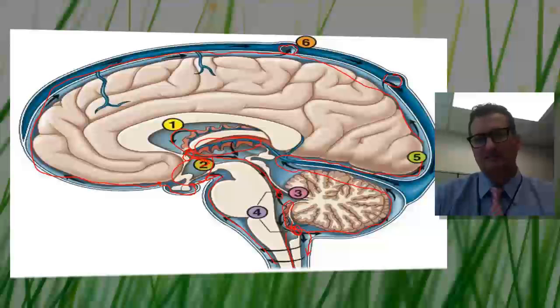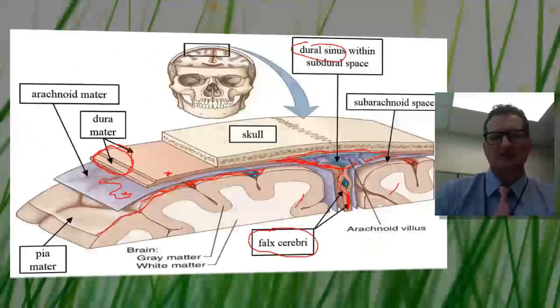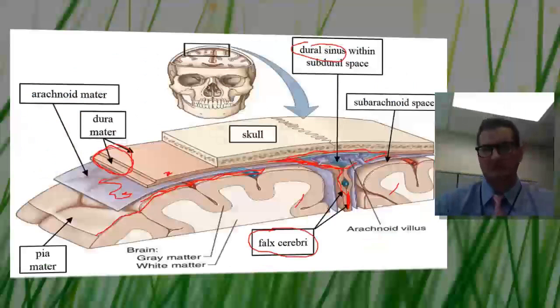And the CSF passes up, and there's special cells that are one-way cells that only allow CSF to pass from the inside out into the venous blood in the dural sinus. And the previous slide showed a good example of these as well.